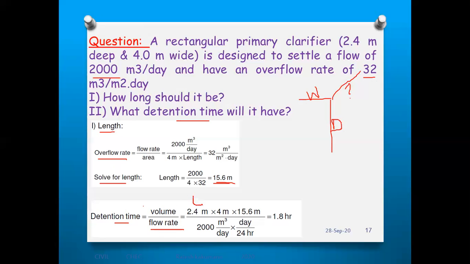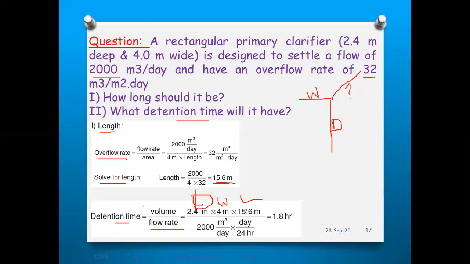So this is the length, this is the width, and this is the depth. The depth is 2.4, width is equal to 4 meters, length is equal to 15.6 meters. Therefore, detention time is equal to volume by flow rate, and the flow rate is this one.